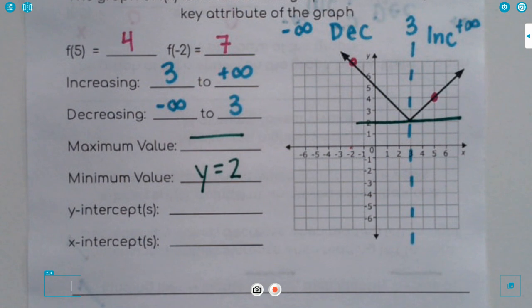All right. So minimums and maximums, you're going to have one or the other or neither. You'll never have both. Okay. Last thing we're going to look at is x-intercepts and y-intercepts.